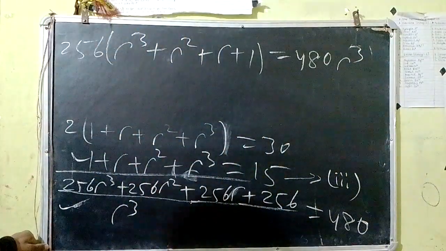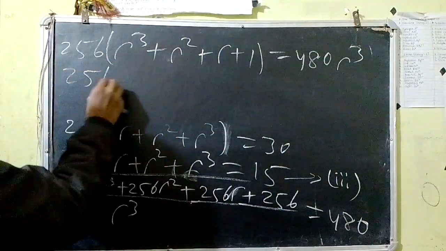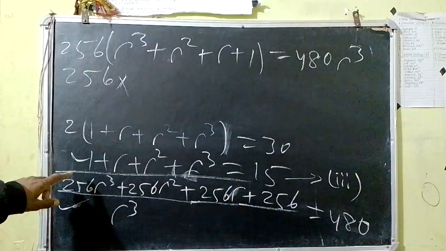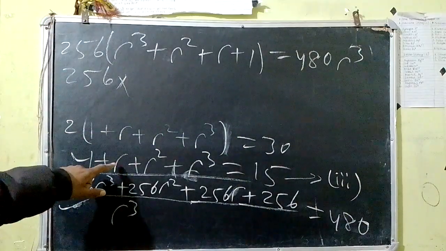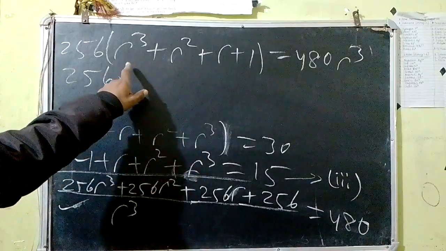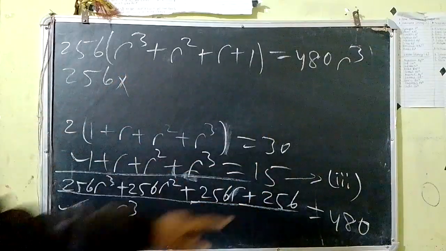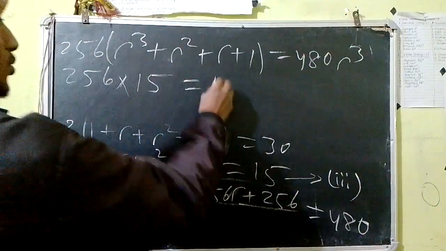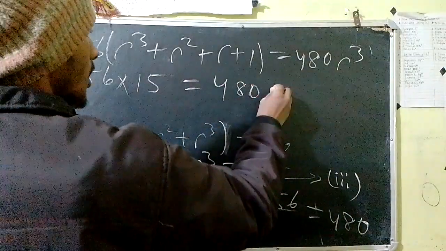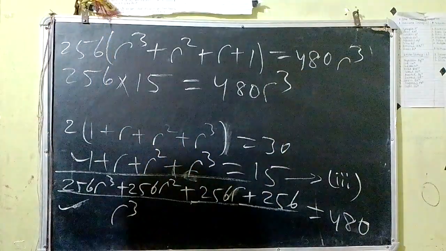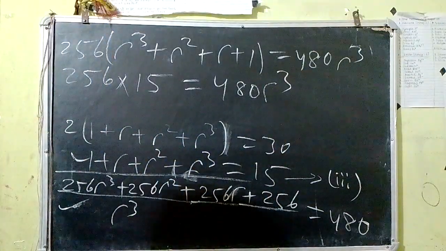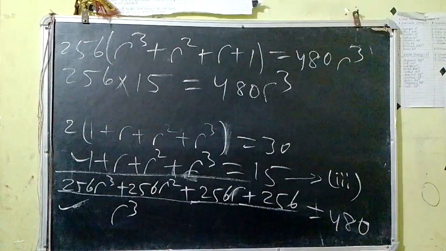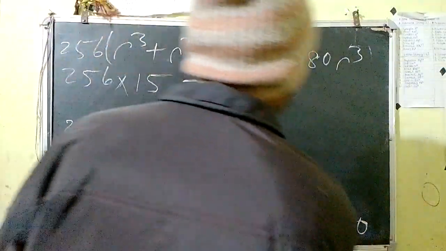This expression, 1 plus r plus r squared plus r cubed, is 15, so you can replace it by 15. This gives 256 times 15 equals 480 r cubed, and you can find r from this.